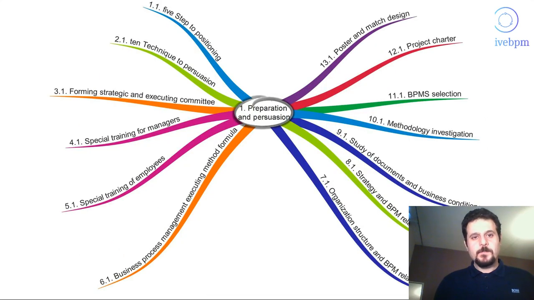Diving into detail, the first step is positioning. We can use 5 techniques for positioning. When we talk about positioning, I mean that we should create a special position for BPM so that the organization can understand the value of BPM, how BPM can create value, and what value BPM can create for us.